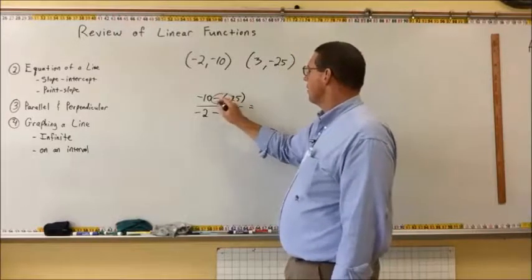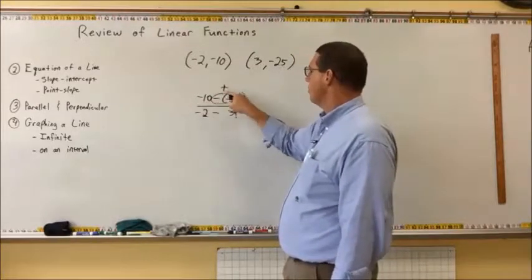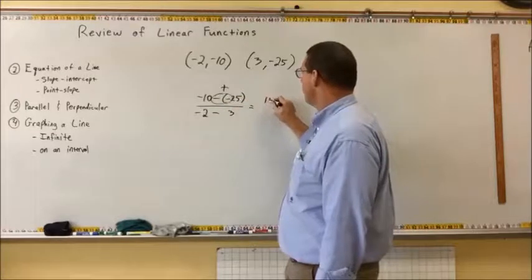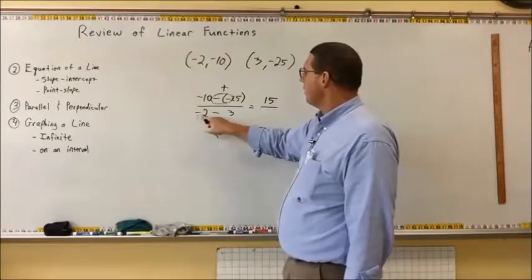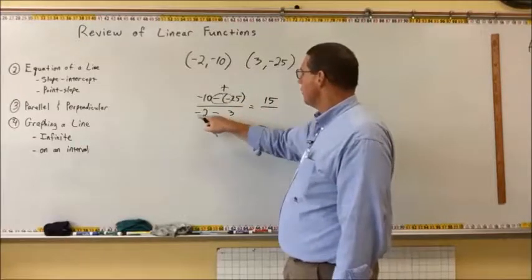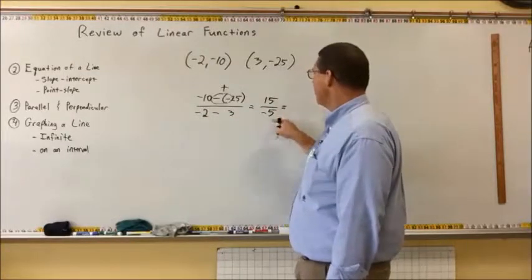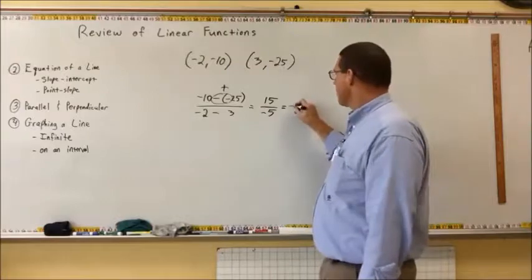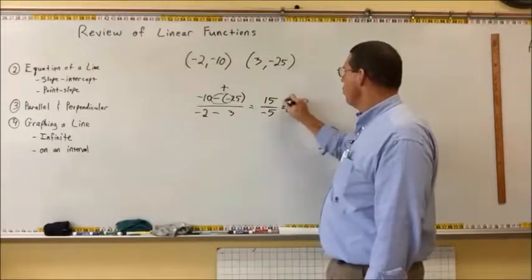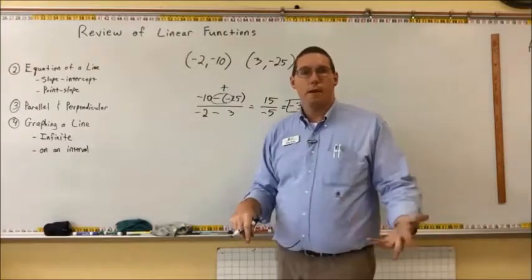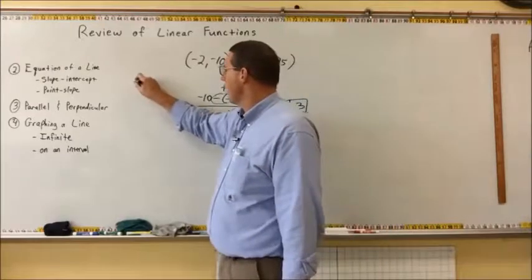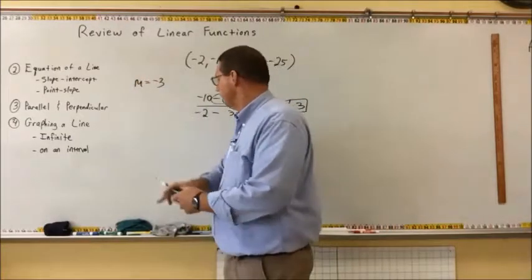Well, this minus negative, that means plus, right? So negative 10 plus 25, that's 15. Over negative 2 minus 3. Well, negative 2 minus 3, that's negative 5. And so 15 divided by negative 5, that's negative 3. So the slope of this line is negative 3. So over here, we'll say m is equal to negative 3.